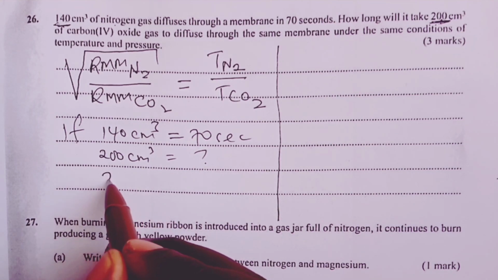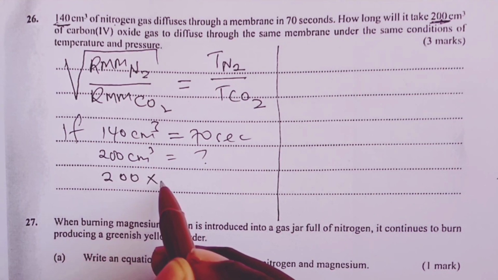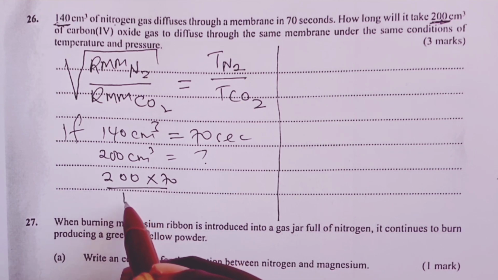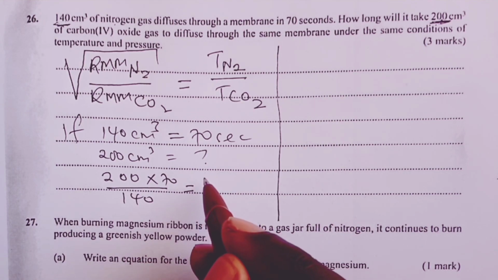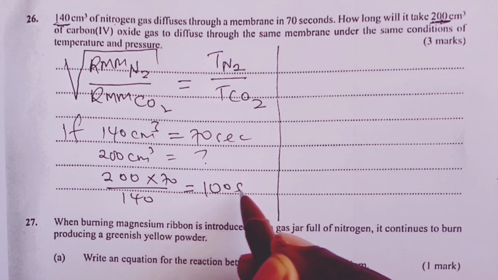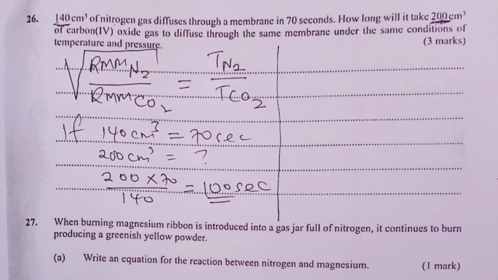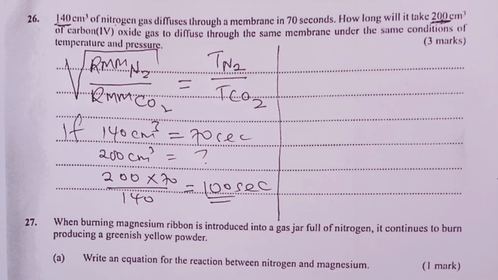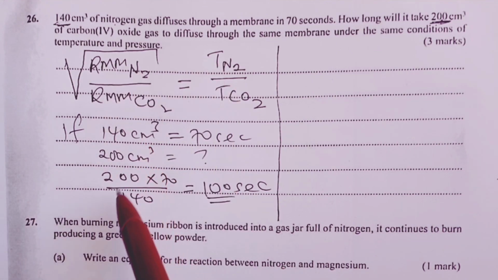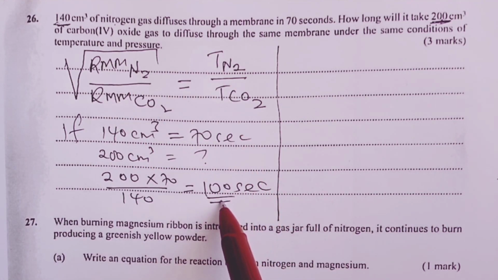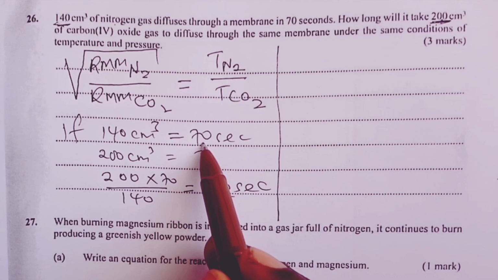So here, we shall have 200 multiplied by 70 divided by 140, and we get 100 seconds. So what we have done, we have now equated the volumes of the two gases. So as we work using our relation here, the time for nitrogen now will be 100 and not 70.